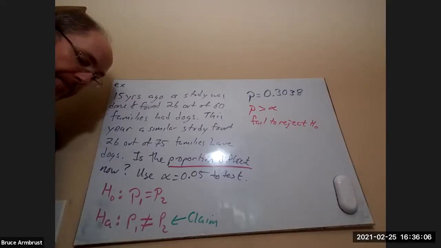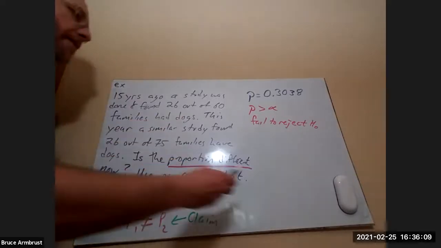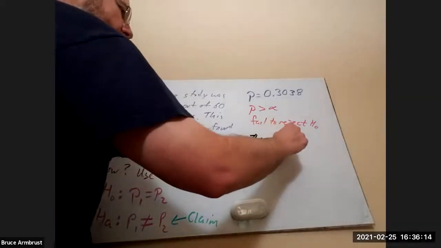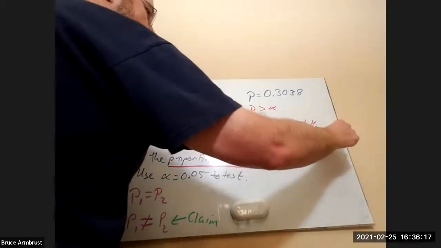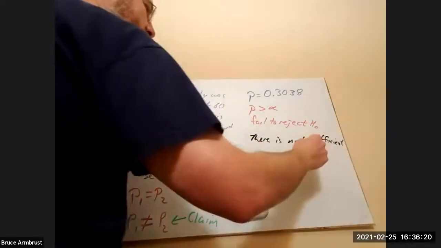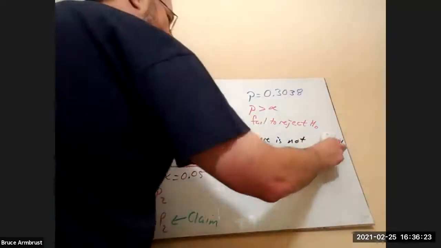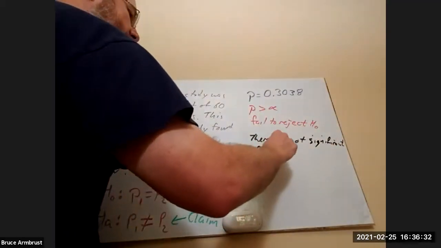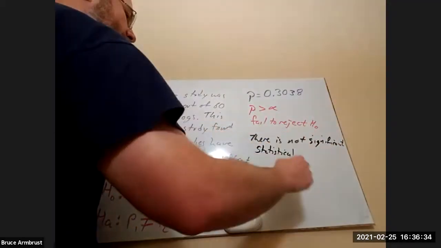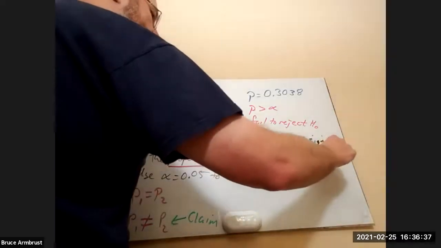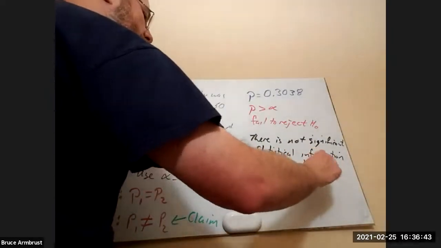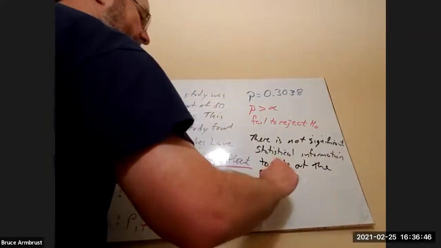All right, so if we're going to wrap this up and write our statement, again, we would probably say there is not sufficient statistical information to rule out that the proportion is the same today.